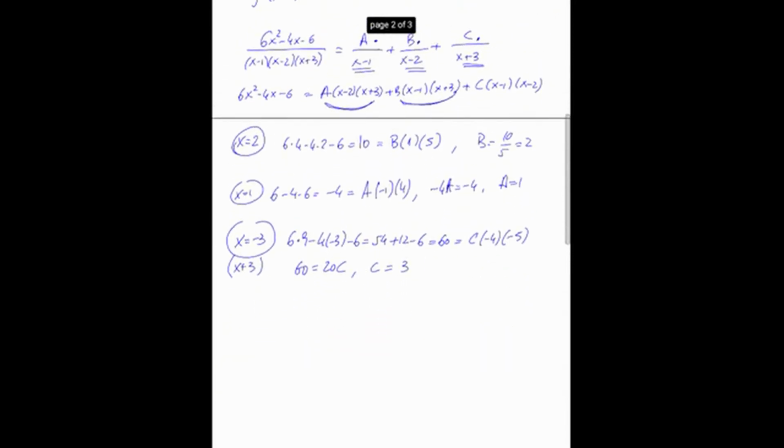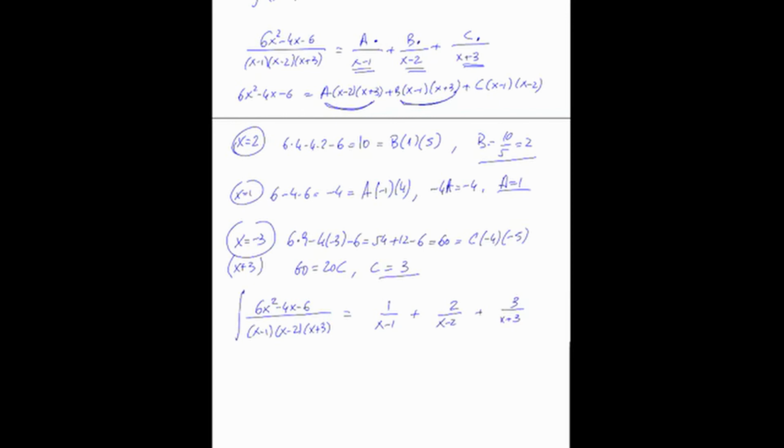So we have 6x squared minus 4x minus 6 divided by all this, x minus 1, x minus 2, x plus 3, is equal to A, which was 1, divided by x minus 1, plus B, which was 2, divided by x minus 2, plus C, which is 3, divided by x plus 3.